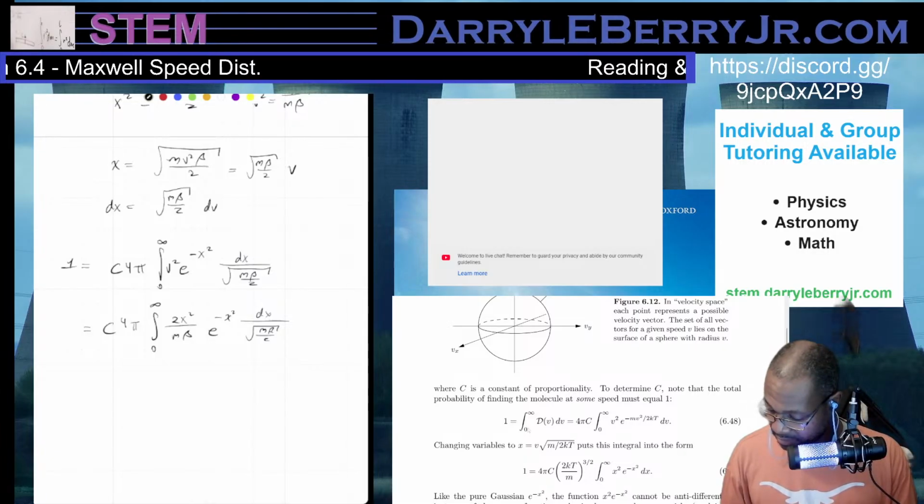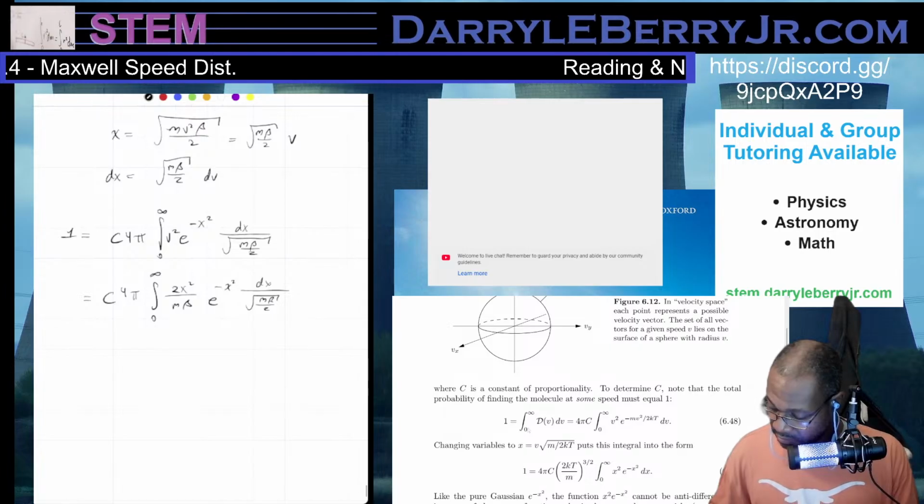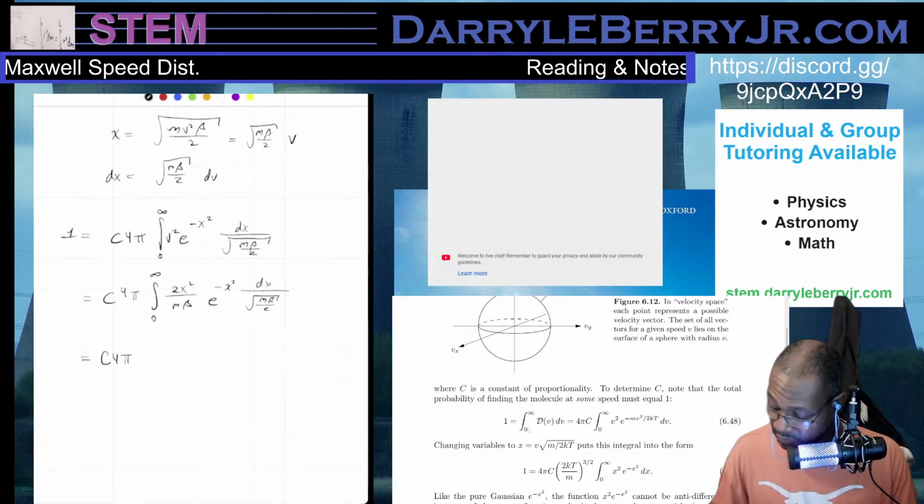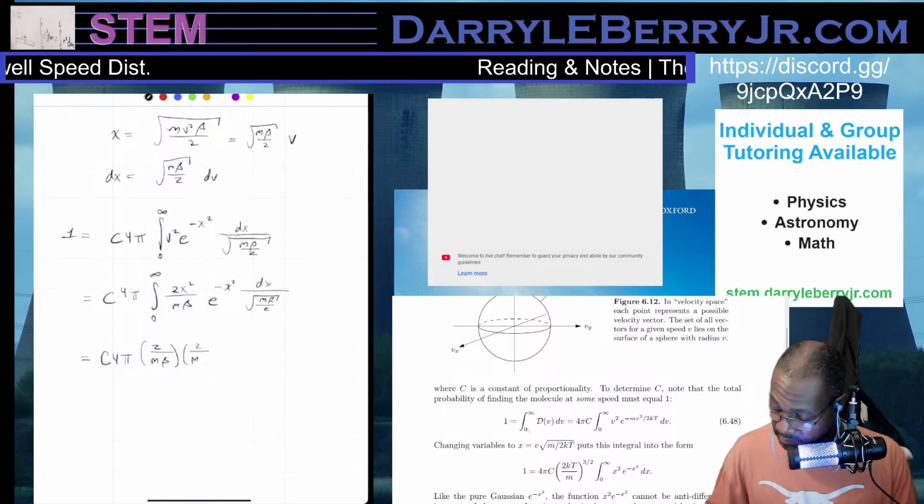If this adds up to the same, so what we would have is c 4 pi and 2 over mb to the 1/2, integral 0 to infinity x squared e to the negative x squared dx.